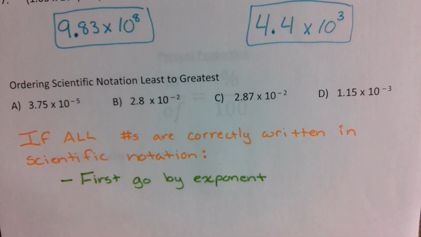You first rank it by the exponent. If they're not all correctly written in scientific notation, then just change the ones that aren't correct into scientific notation. You can easily just type it.